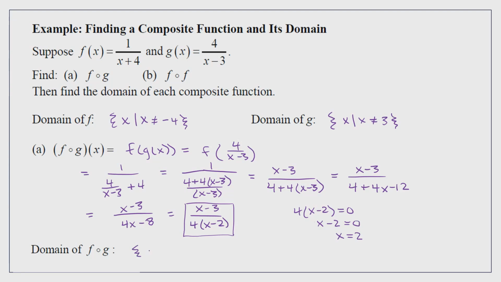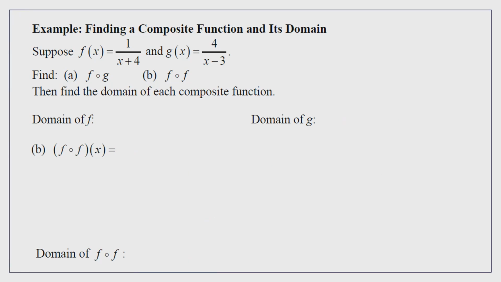So the domain of f composed with g is all x values except when x equals 2 and x equals 3, because 3 is excluded from the domain of g of x. That's the domain of our expression f composed with g. Awesome.